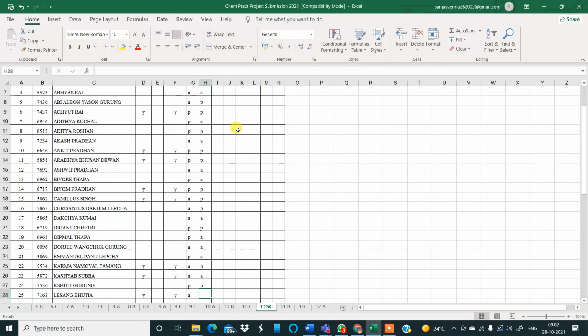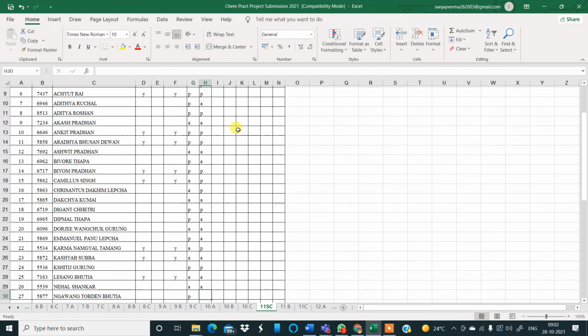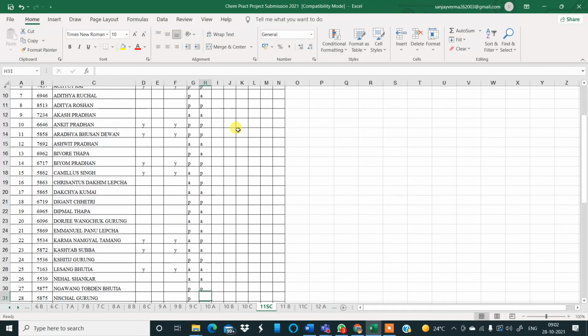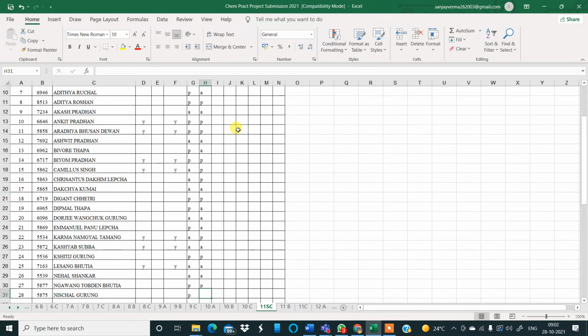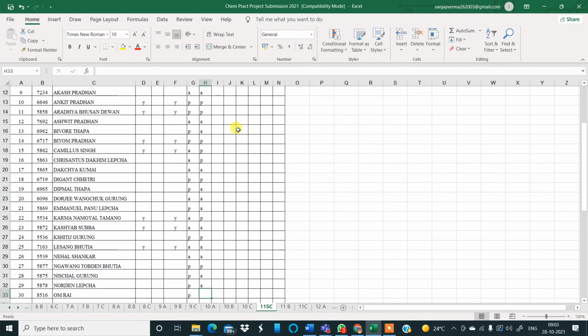Then we have Lesang Bhutia, absent. Nehal Shankar is also absent. Nawang Topdan Bhutia, present, sir. Nishal Gurung, absent. Northern Lepcha, absent. Omrai, absent.